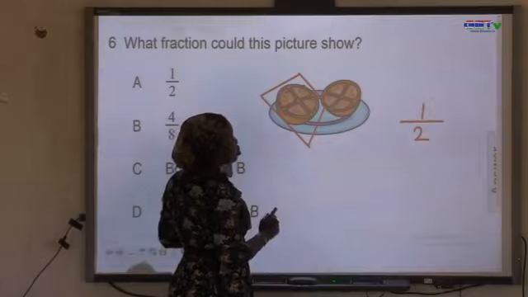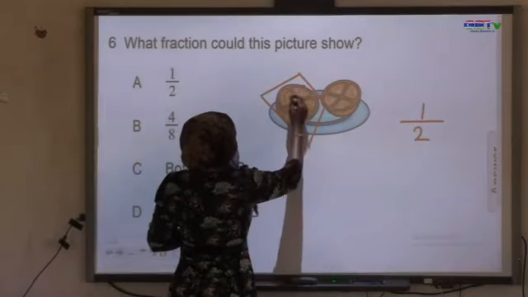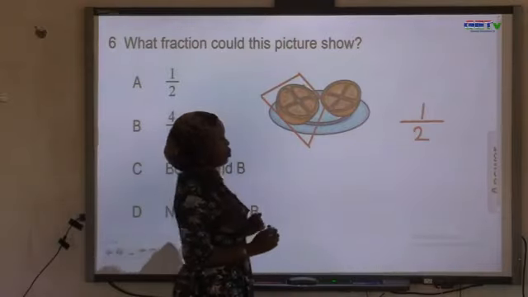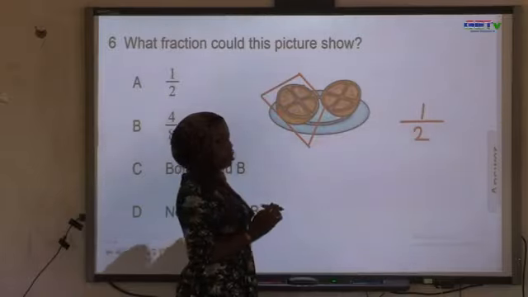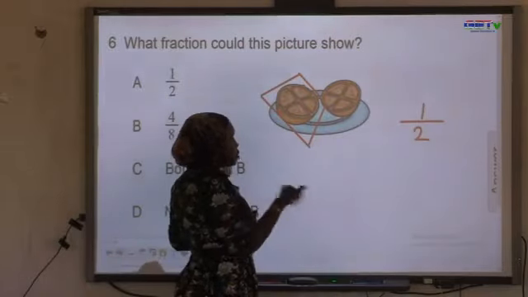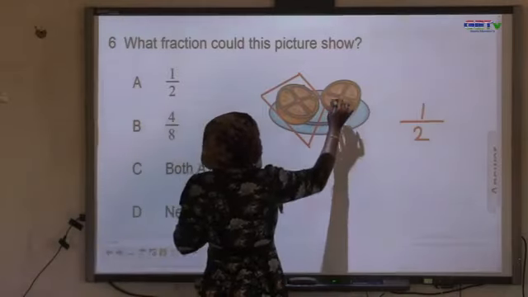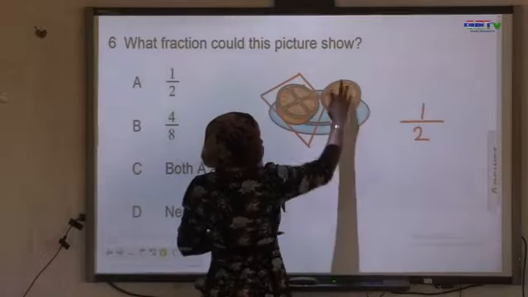How many parts is it divided into? Let's count together. 1, 2, 3, 4. How about the other half? How many parts is it divided into? Can we count again? 1, 2, 3, 4. So we have 4 parts.